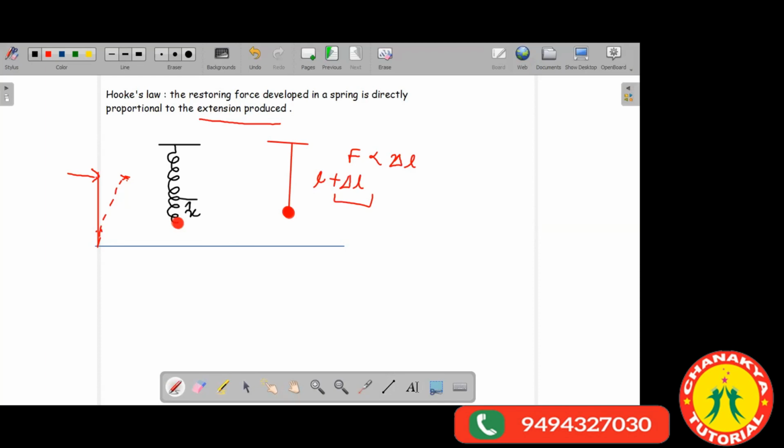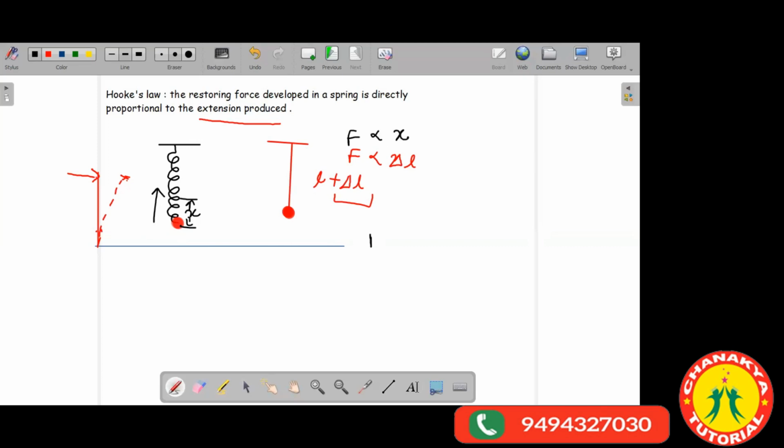So the spring would not like to remain in the same position. The spring will have a tendency to move in the backward direction, to come to its original state. Because of which a restoring force is set up in this spring, and that restoring force F will be proportional to X, that is the extension.